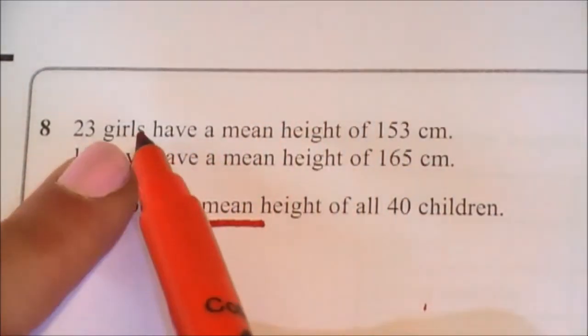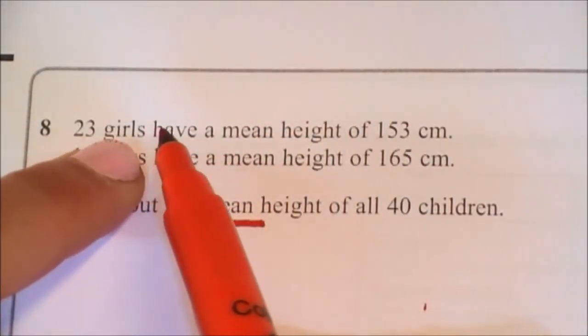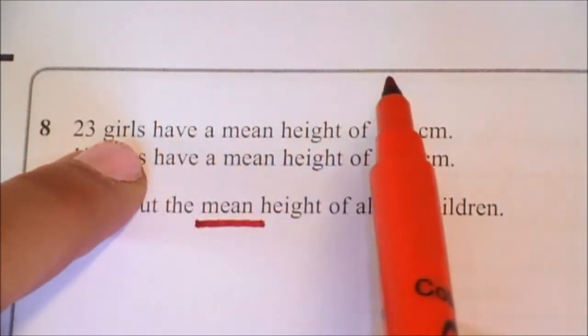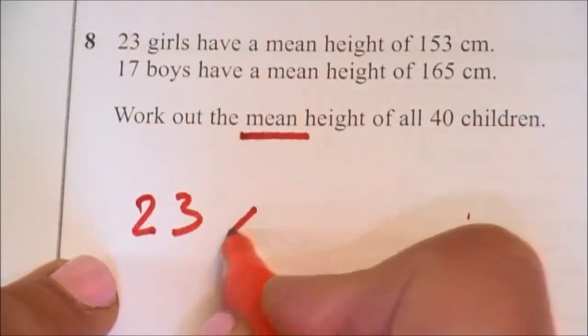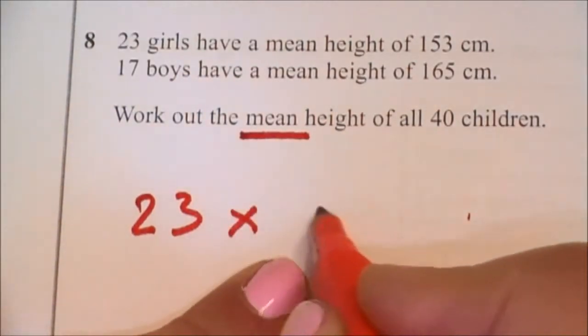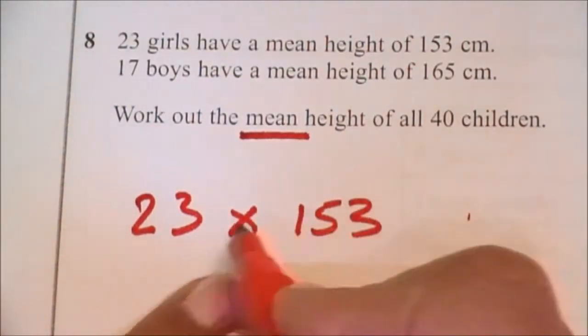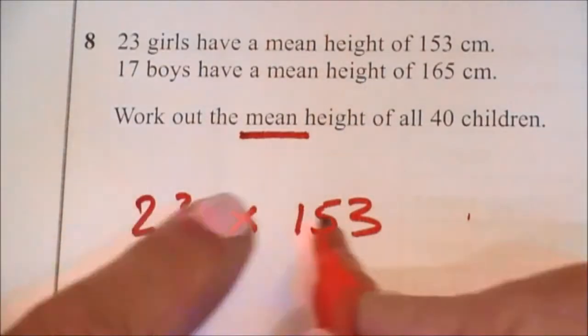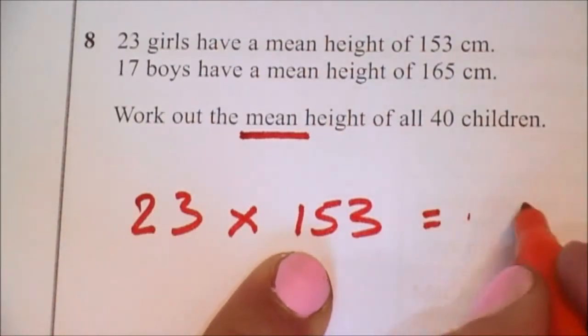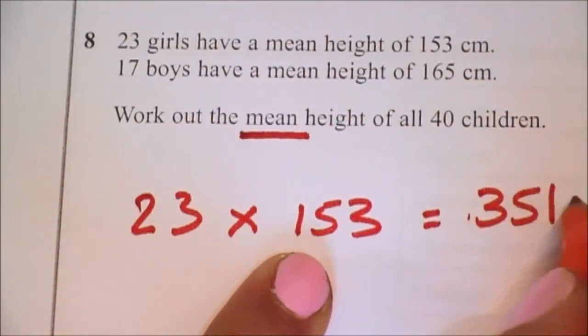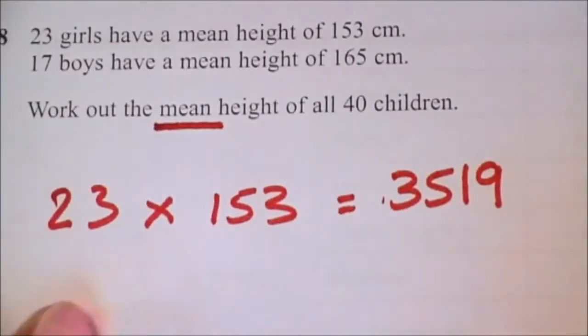So the first thing I need to do is find out exactly how tall all of the girls are when put together. So the first thing I'm going to do is 23 lots of 153 centimetres, because there's 23 girls all at 153 centimetres when you're looking at the mean. So 23 times 153 is 3,519.